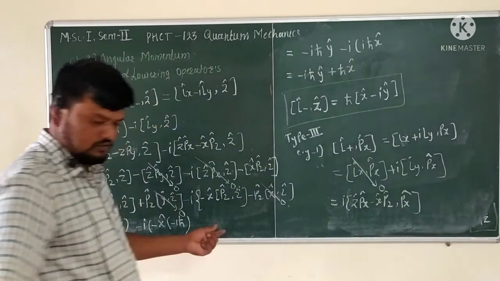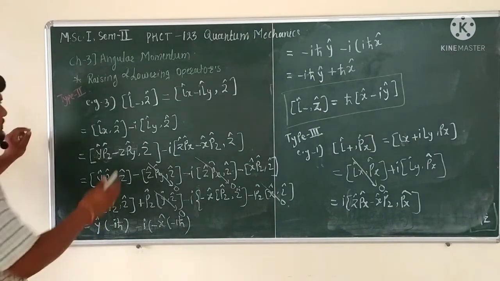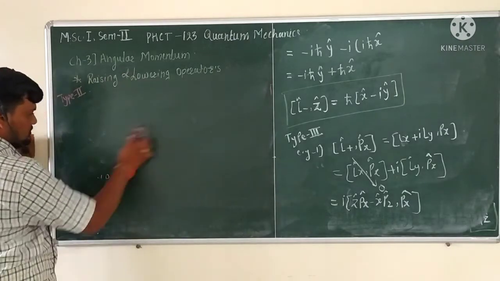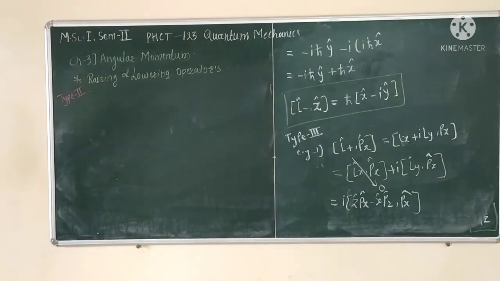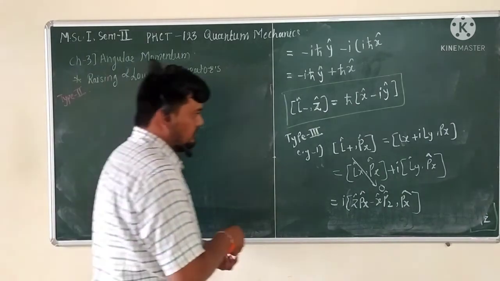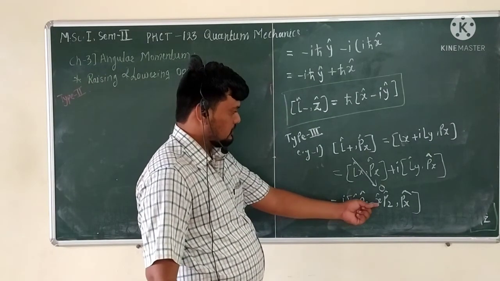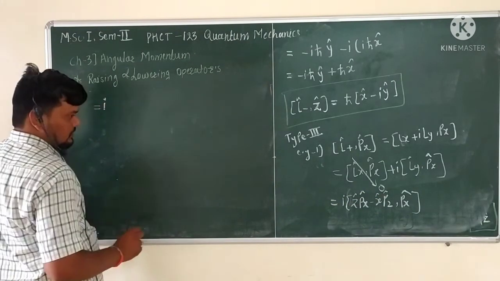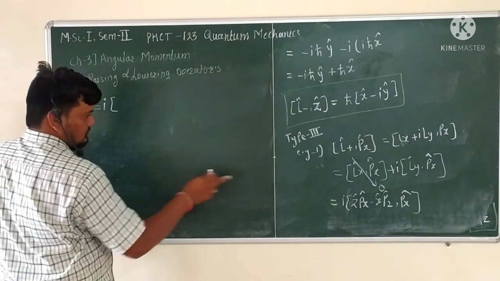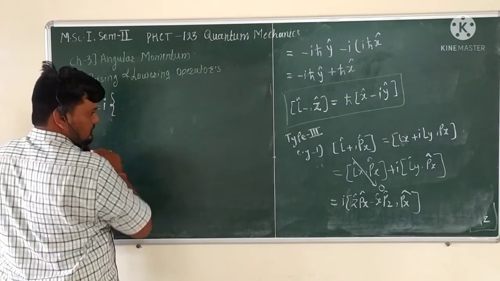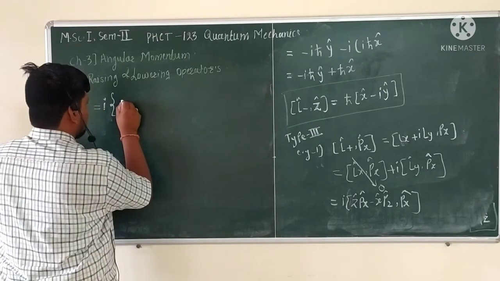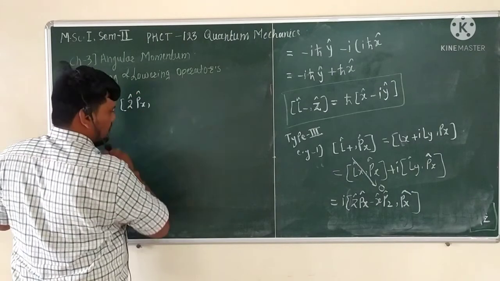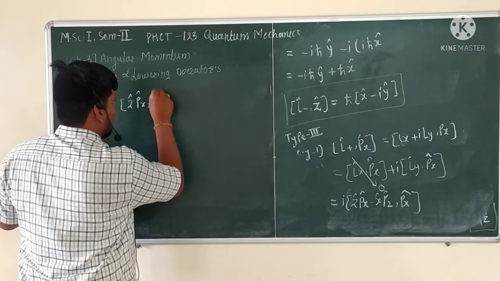Let's solve this commutator bracket relation: i times [z cap Px minus x Pz, Px]. Again, i is taken outside, and the first commutator bracket is [z cap Px cap, Px cap].